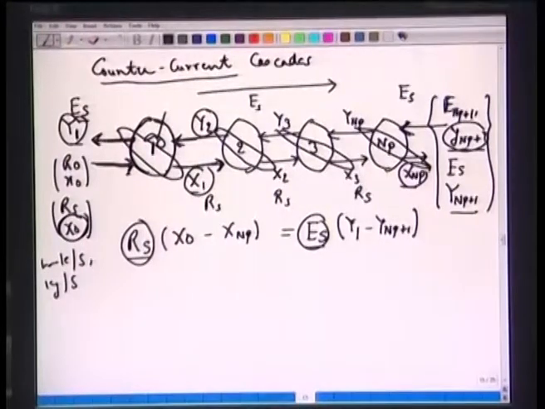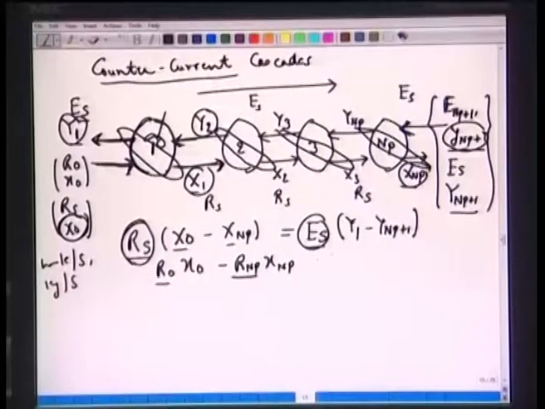One could have also written it on actual flow rates or total flow rates: R0 x0 minus RNP into small xNP. So, look at the difference now. R0 is different from RNP. However, we work on solid free basis, so we can take this Rs as common.